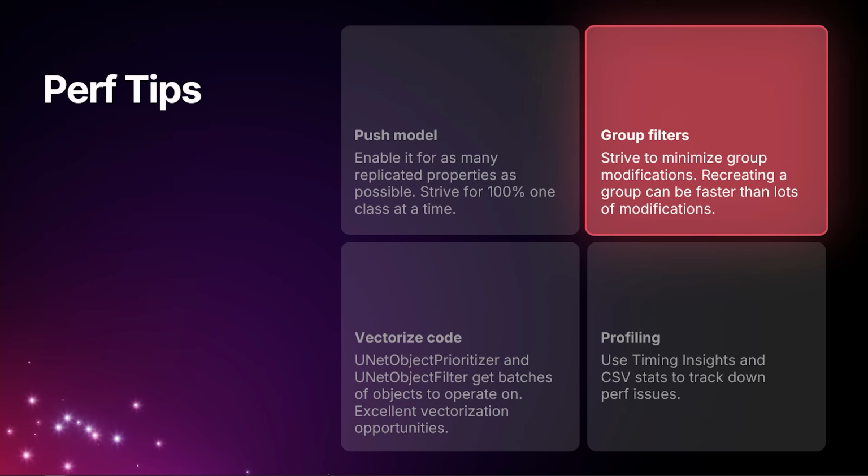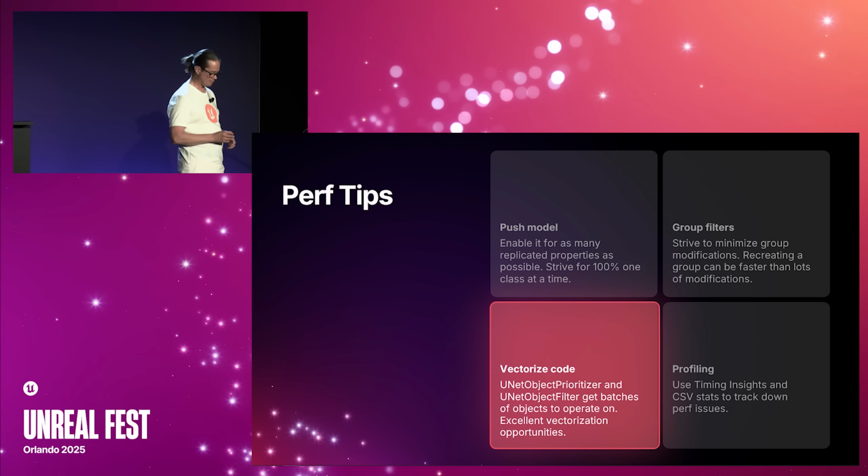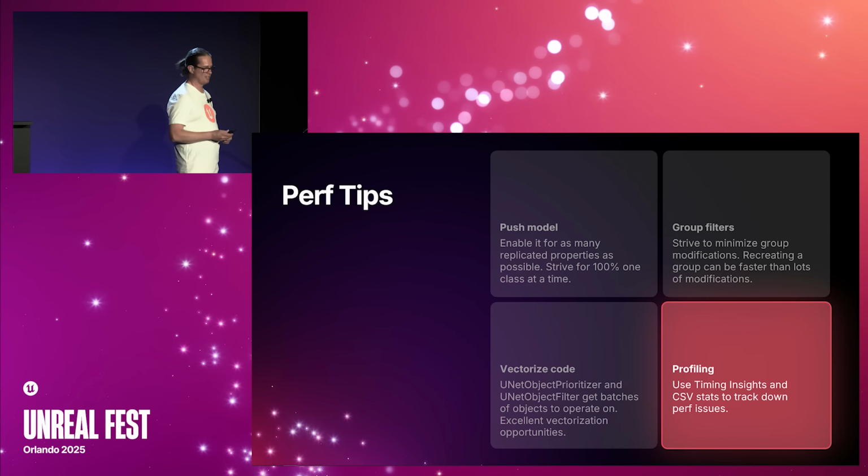Sometimes it can be faster recreating a group rather than doing lots of modifications. And since we work on batches of objects, you can vectorize your code in NetObjectPrioritizers and filters. And use Timing Insights and CSV stats to track down perf problems. And then if you want to dig deeper, use a sampling profiler.